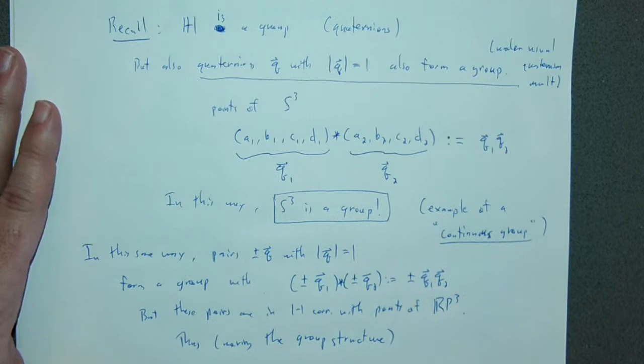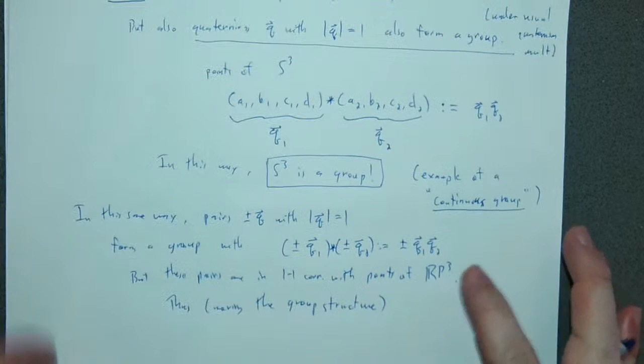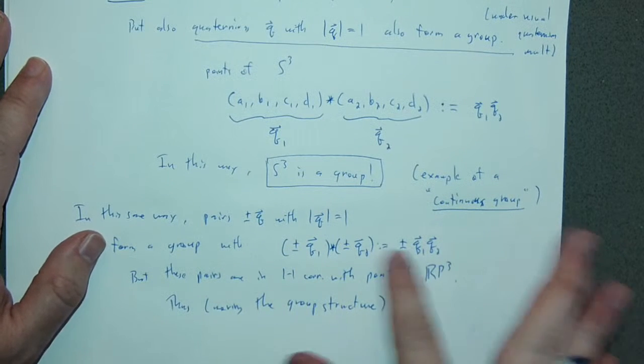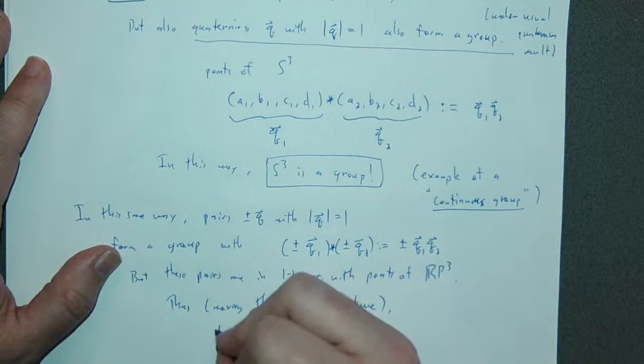This is the notion of isomorphic groups. So the group that I would form from RP3 would be isomorphic to this one. RP3 can also be seen as a group.